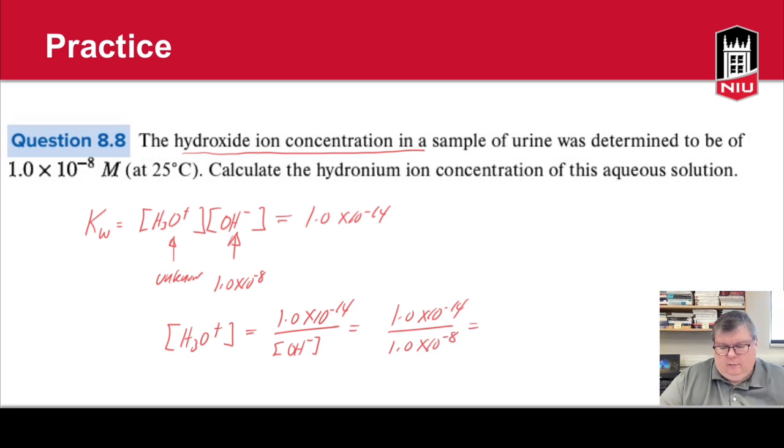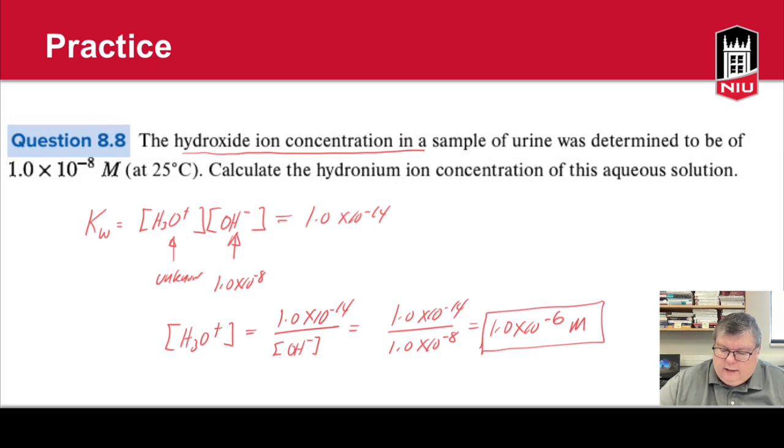And that tells us, when we do this on our calculator, 1 EE negative 14 divided by 1 EE negative 8, we get a hydronium ion concentration of 1.0 times 10 to the minus 6th molar. As you can see, as one decreases, the other one must increase in concentration in order to keep the ion product constant.